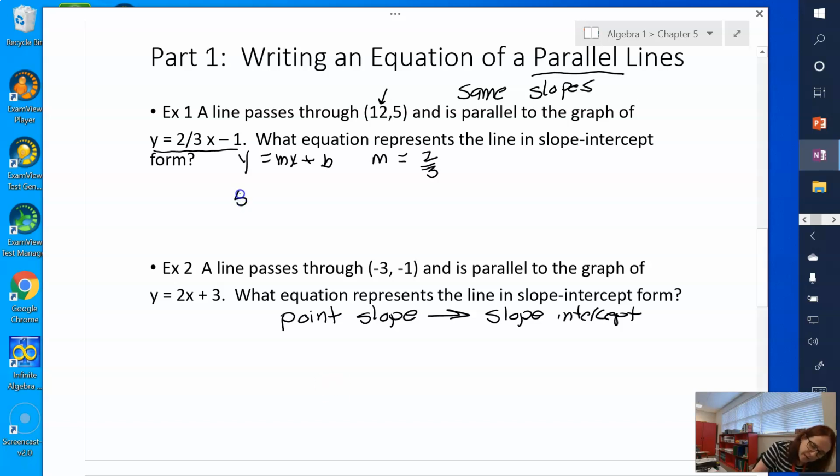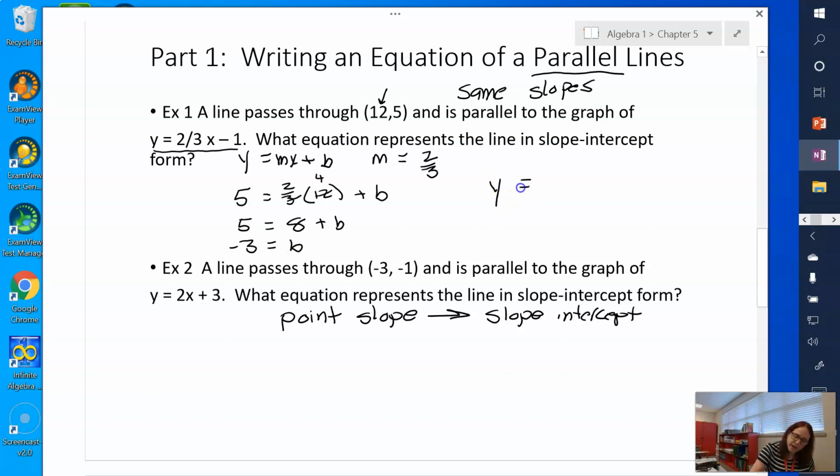So 5 equals 2/3 times 12, plus b. Now everything is numbers except that b, so I can solve for b very easily. My 3 and 12 cancel, that leaves 4. So I get 5 equals 8 plus b. Now subtract 8 from both sides, and I get -3 equals b. So now my equation is going to be y = 2/3 x - 3.